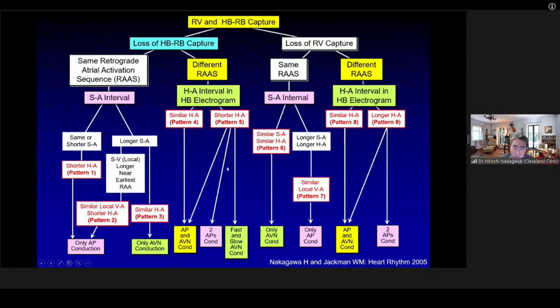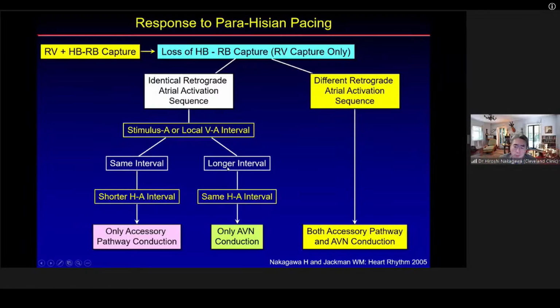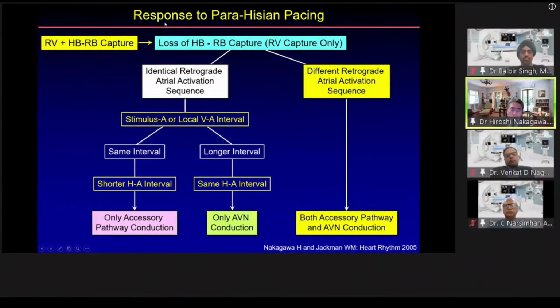This is very complicated. To simplify, this is the way we analyze the parahisian pacing response. When you have RB and His capture, and then you lose His capture but still capture RB, you see a different retrograde activation sequence, indicating you have both pathway and AV node conduction.